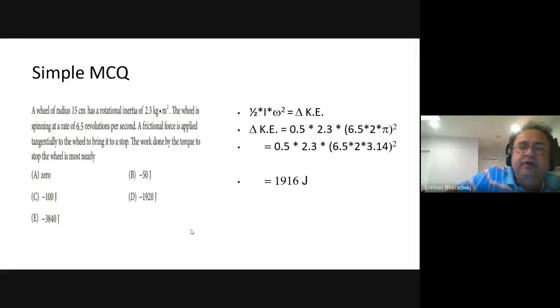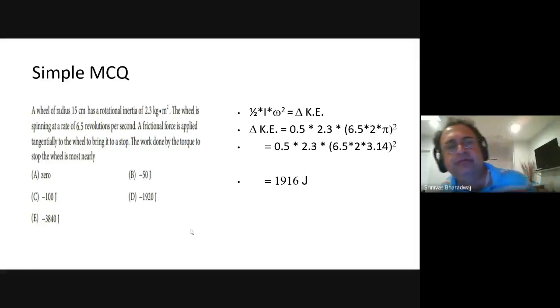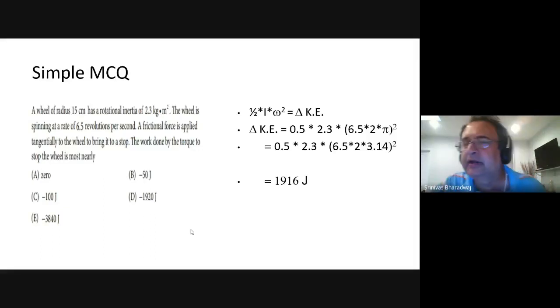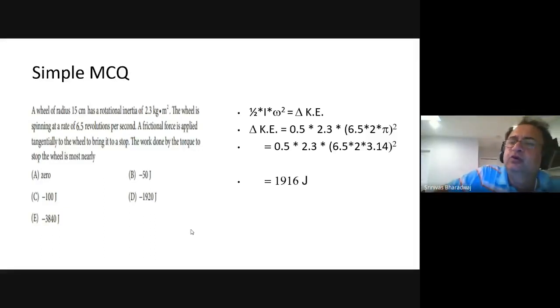So the period is 1 by 6.5. So omega is 2 pi by T, which is 2 pi by 1 by 6.5. 6.5 will go to the numerator. Therefore, you have omega as 2 pi times 6.5, right?